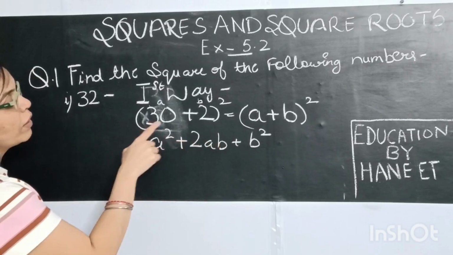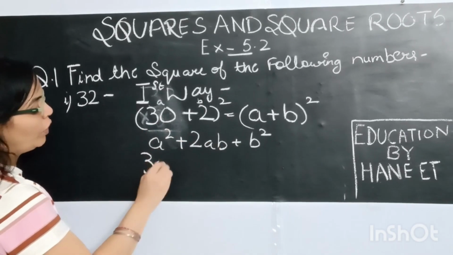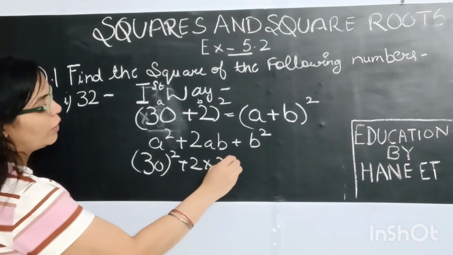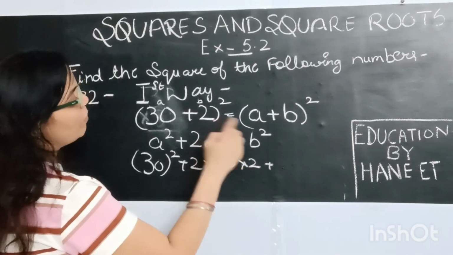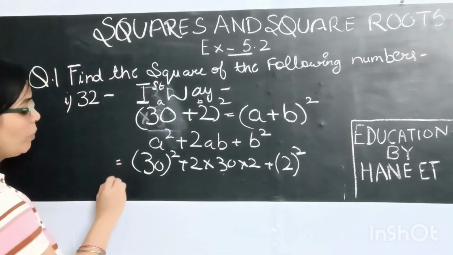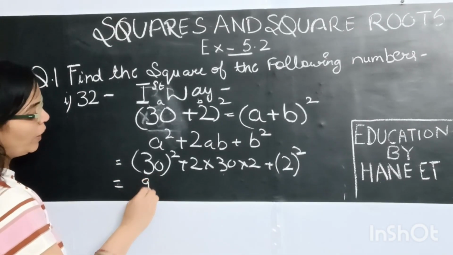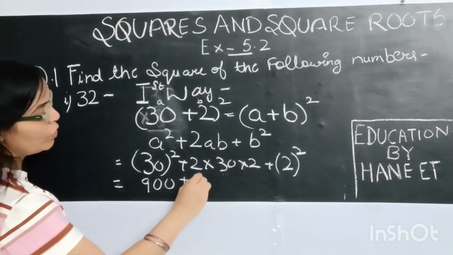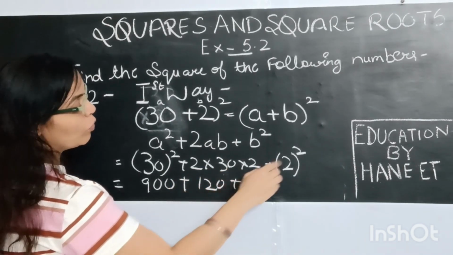So as per this, what is a? 30. So we will do 30 square, right? Then 2 into 30 into 2 plus, what is b? 2. So 2 square, right? So what will be 30 square? 30 square will be 900 plus 2 into 30 is 60, 60 into 2 is 120, plus 2 2s are 4.